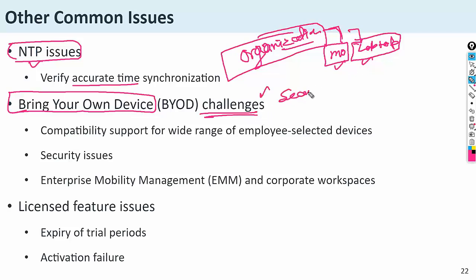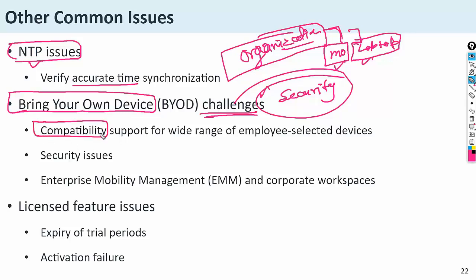The first and biggest challenge is security. Compatibility may also be an issue: software provided by the organization may not be compatible with your device. There are lots of security issues.